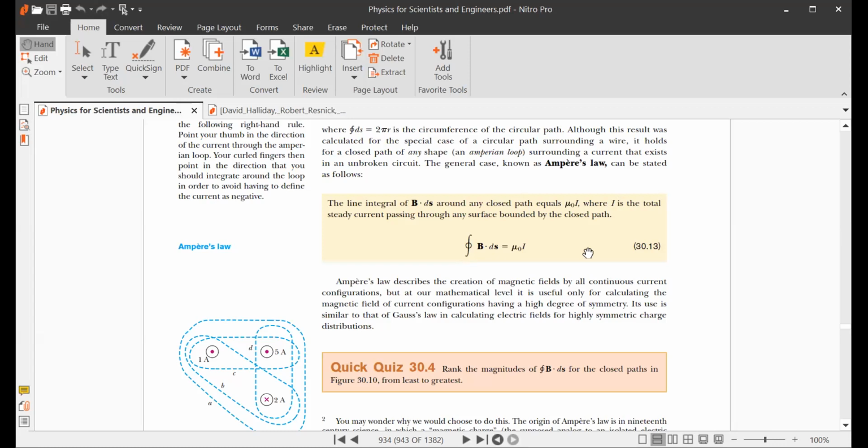So that's why it is easier to do. But using the Biot-Savart law, it's very long and not so easy. So you can use the Biot-Savart law or Ampere's law, both, but it depends on the problem.